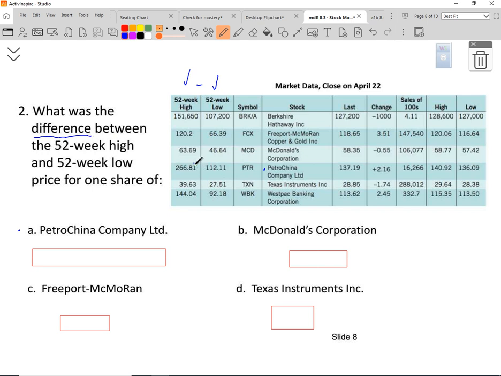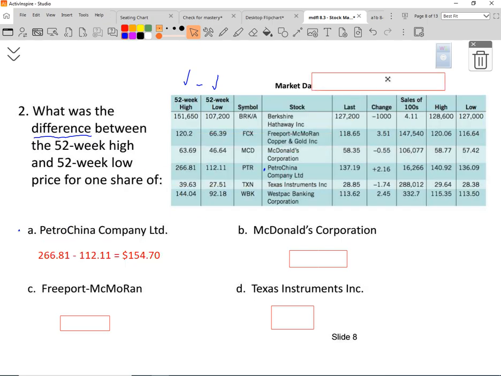So it's 266.81 minus 112.11, and that difference is $154.70.